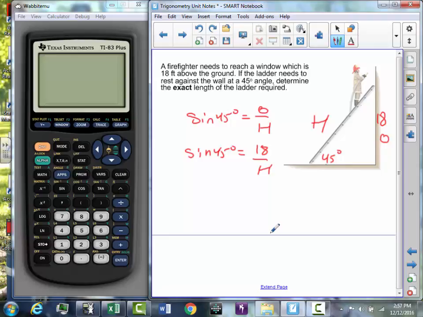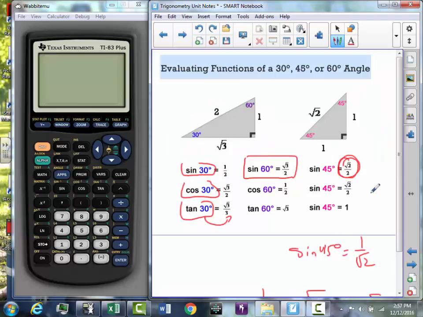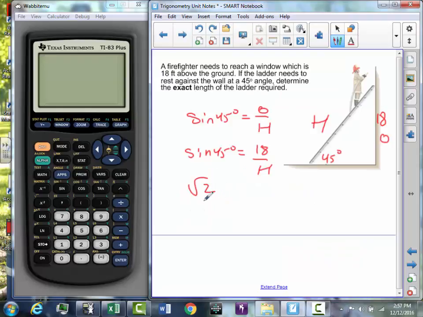Okay, this is where I would deviate then. Most of you guys would have just taken the hypotenuse and sine of 45 and flipped them around and gotten an answer. But at this point, I'm going to do a substitution. I'm going to go to the chart and say, well, sine of 45 is root 2 over 2. I'll just go find that value. Sine of 45, and I'll call it root 2 over 2. That makes sense?